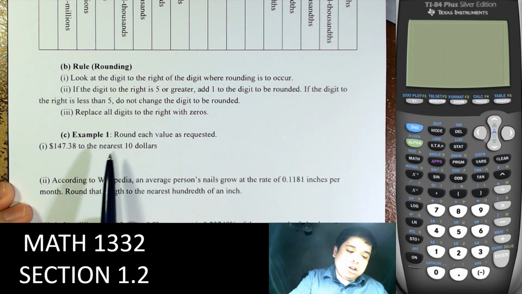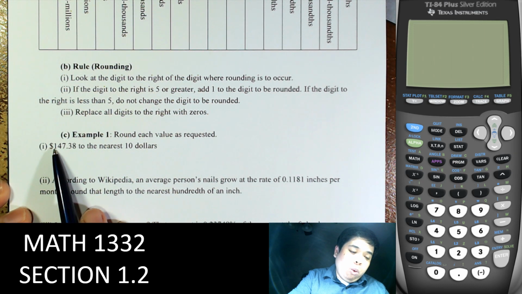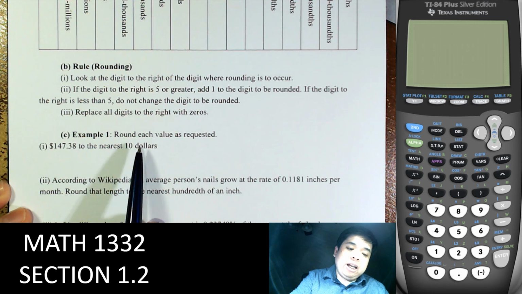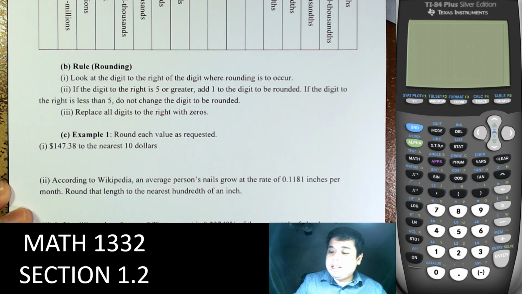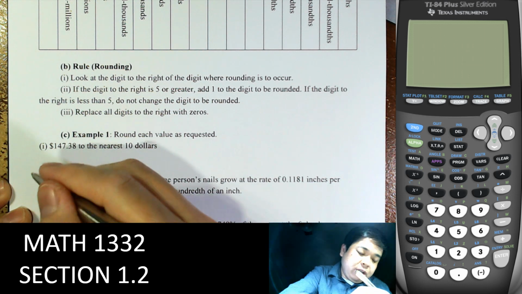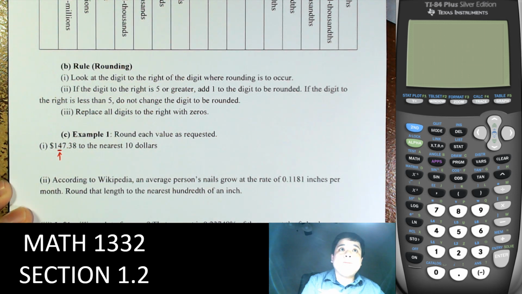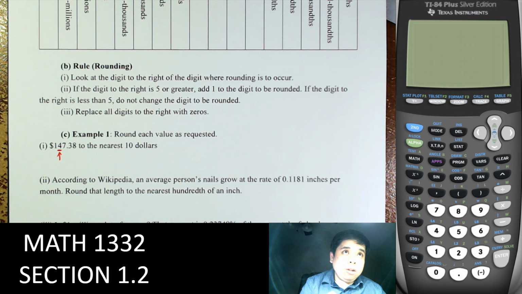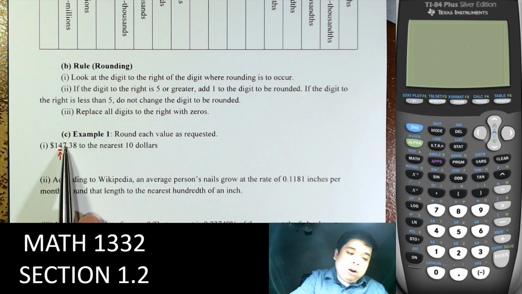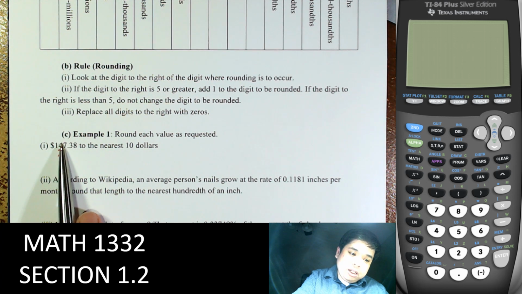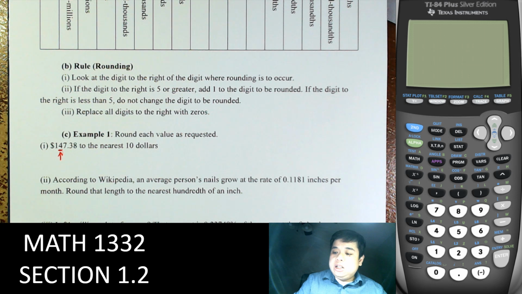Here are some examples. We have 147.38, and now we round that to the nearest 10. When rounding to the 10, this is the tens place, and that's what we round into. Then we look at the digit on the right of it, which is a 7. Since it is 5 or higher, we increase the digit that we're rounding.